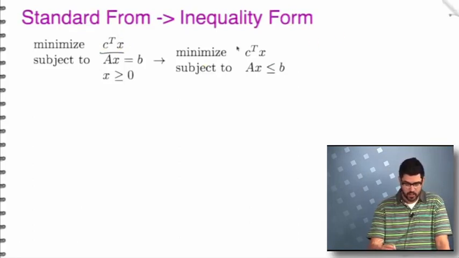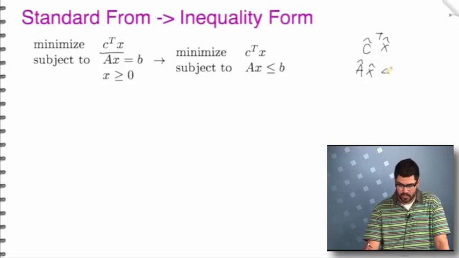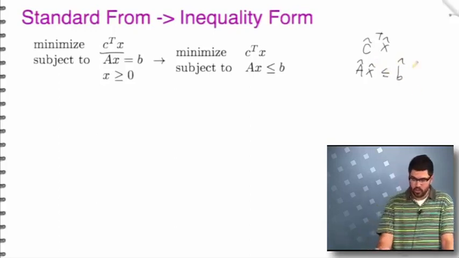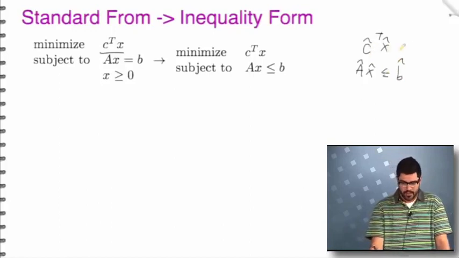In this case, let's still call it X hat. Let's redefine this as C hat transpose X hat, and A hat X hat is less than or equal to B hat, just so we don't confuse. But in this specific case, you'll see that C hat and X hat are the same as C and X.